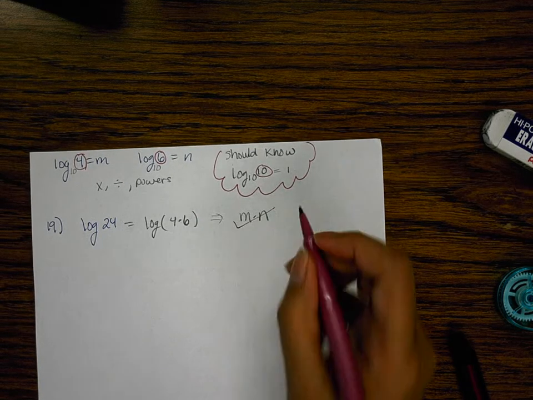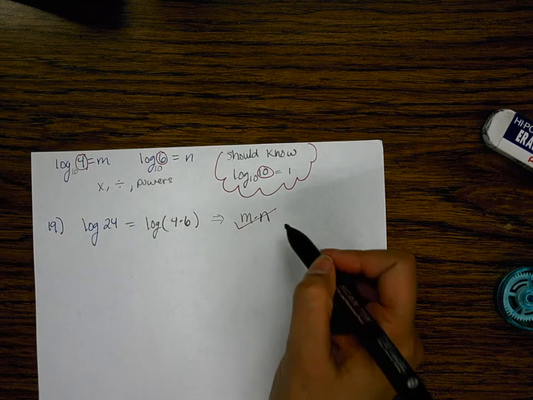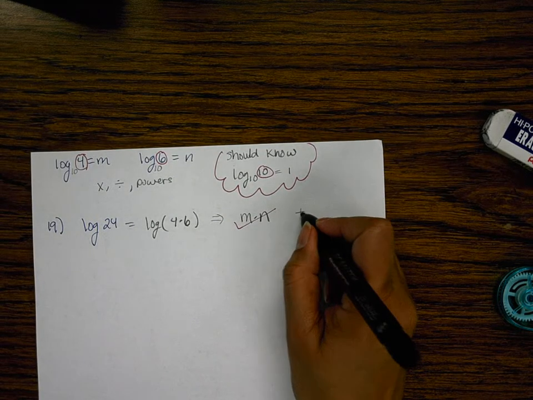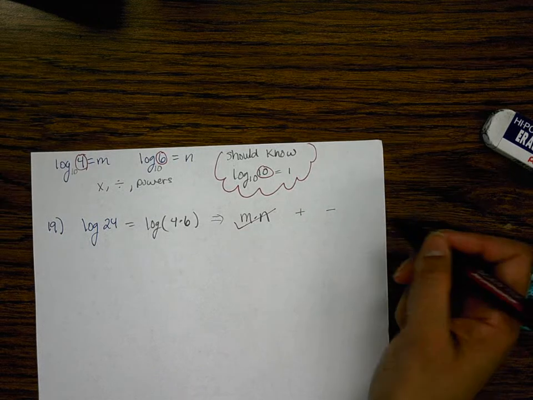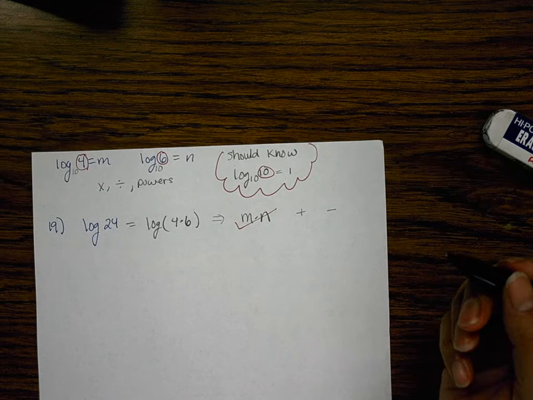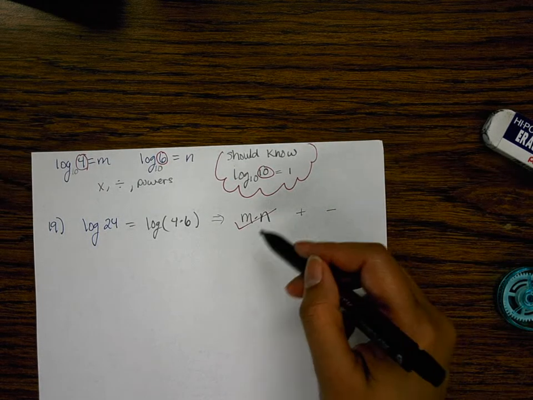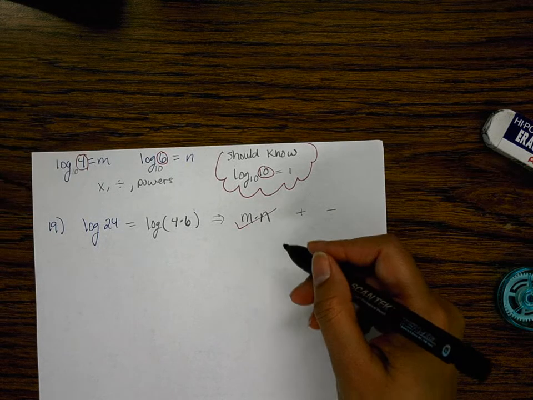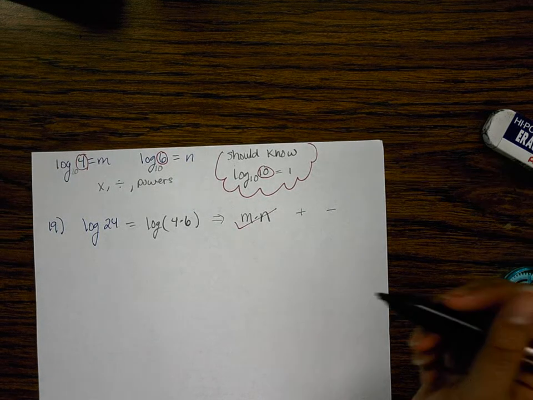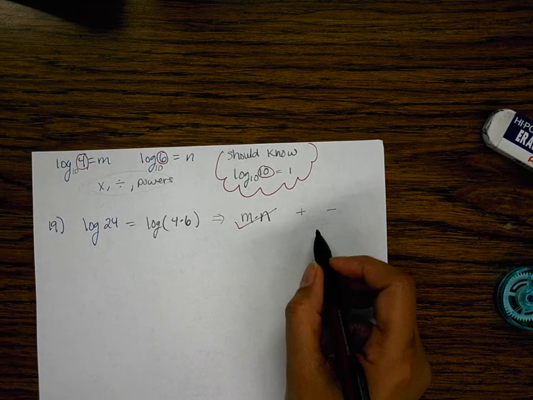You use multiplication and division and powers to rewrite it, but your final answer should have addition signs or subtraction signs, or coefficients like 2x or 2n or 2m or 1/2 m, but no multiplication or division or exponents. So these should not be in your final answer. Okay, so this is the correct way.